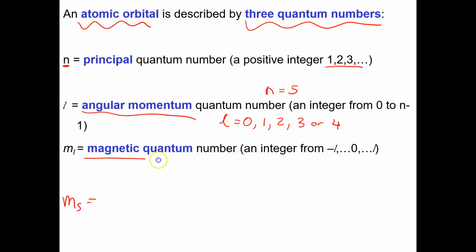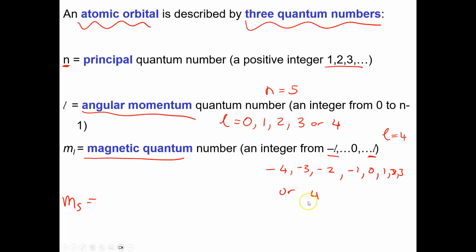ml is referred to as the magnetic quantum number, and it can have both positive and negative values that run from minus l up to plus l. If l equals 4, possible values for ml would be -4, -3, -2, -1, 0, 1, 2, 3, or 4.